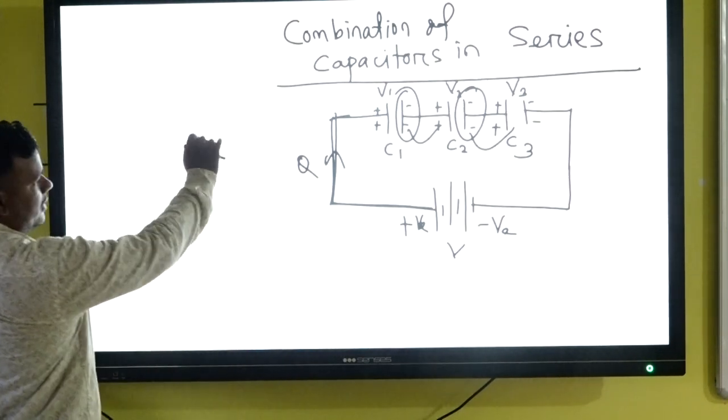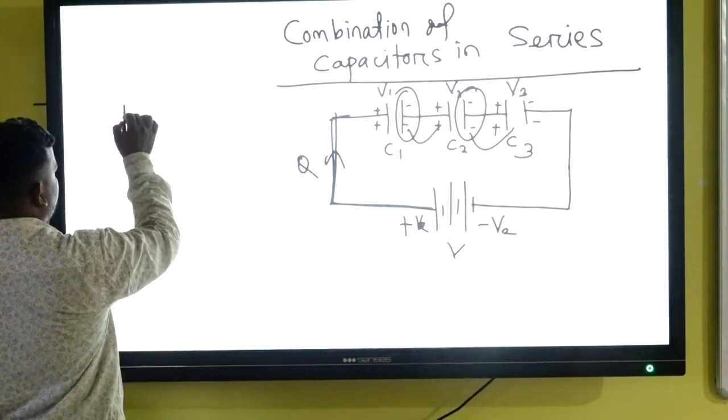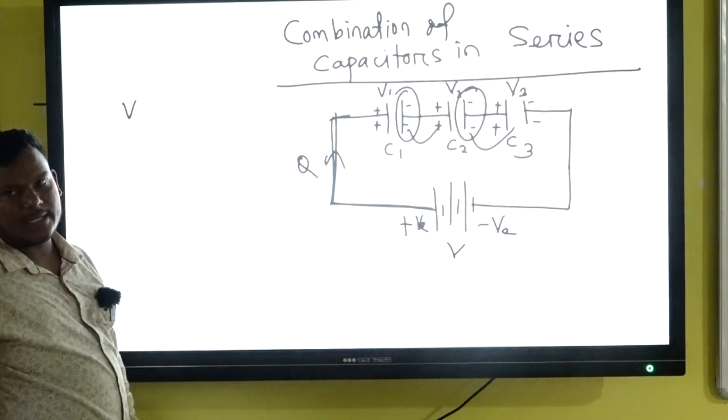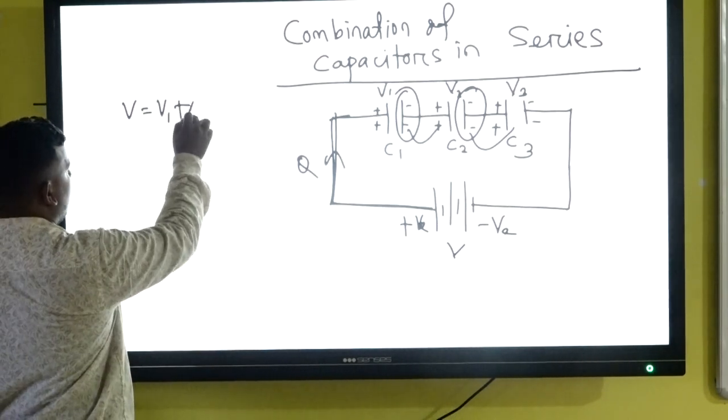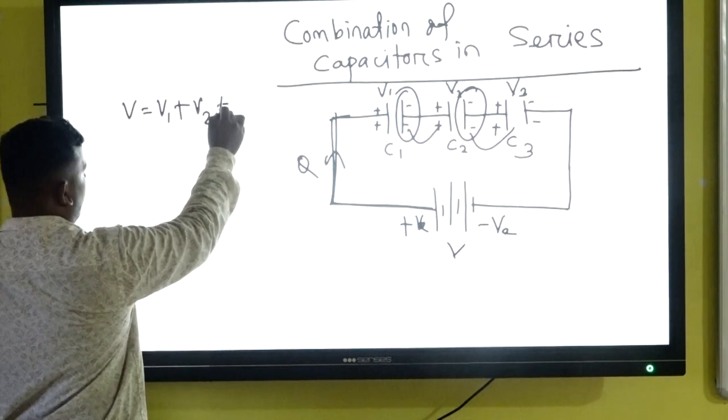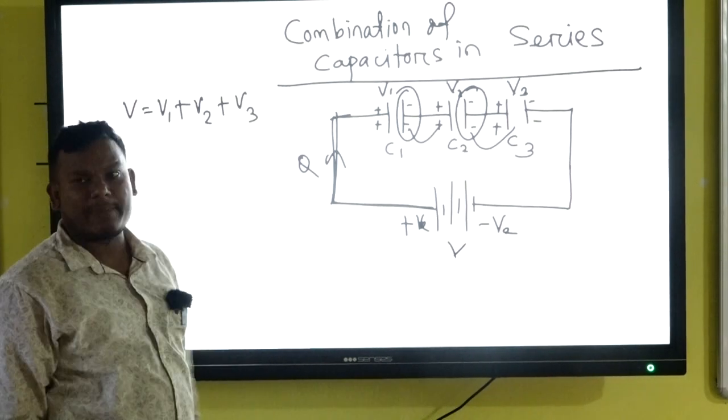Here potential varies, so the total potential V equals V1 plus V2 plus V3, because we have 3 capacitors.